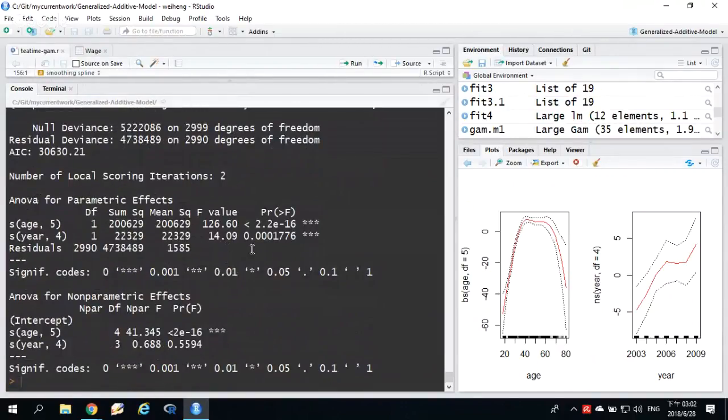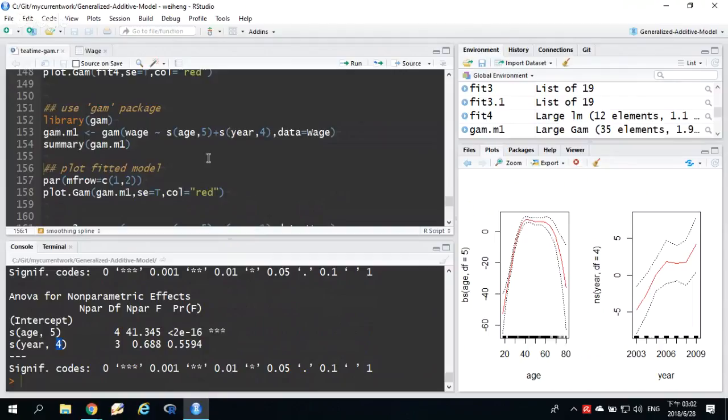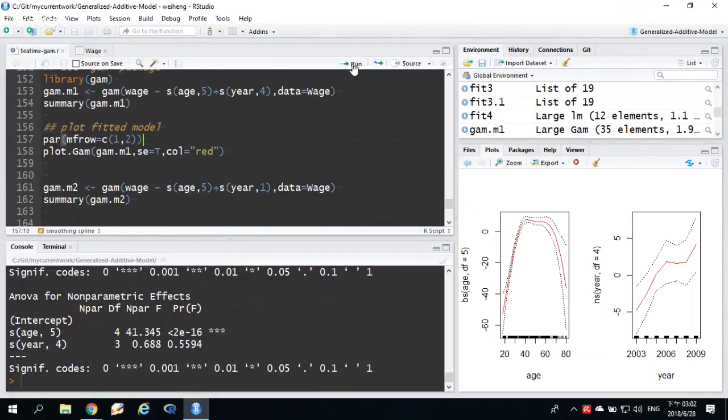If you look at age, this smoothing spline has a very low p-value, which means it is significant. But for year, it is not significant, which means the df you chose is not appropriate. So maybe you can choose another df, and we can plot it to see that.